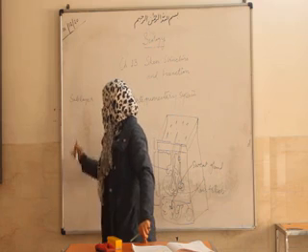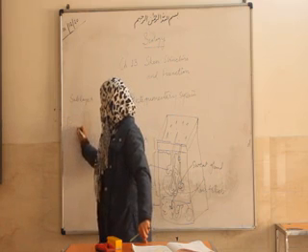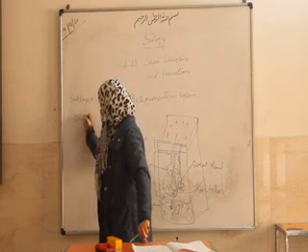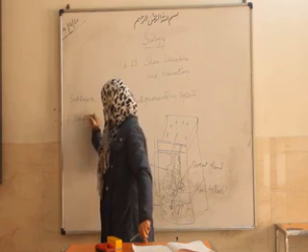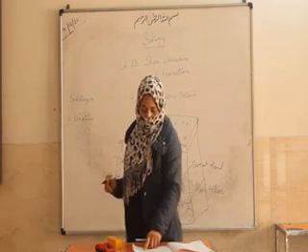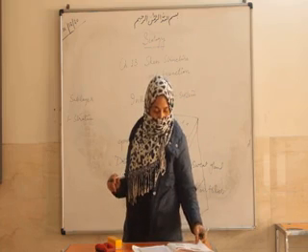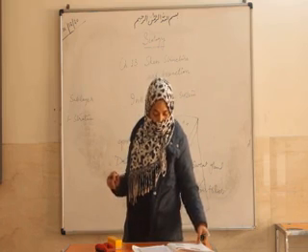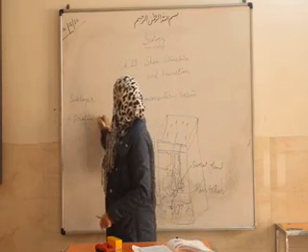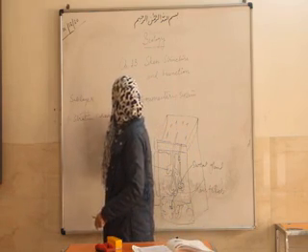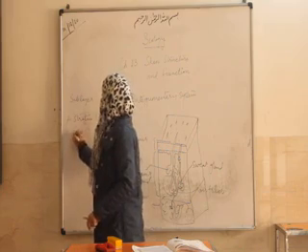So the first layer is stratum corneum, the outermost cornified layer. Second is stratum lucidum.